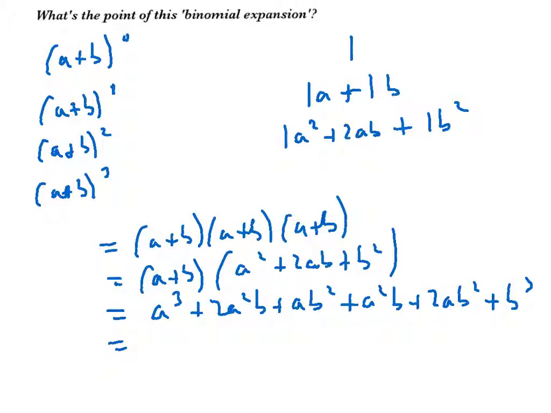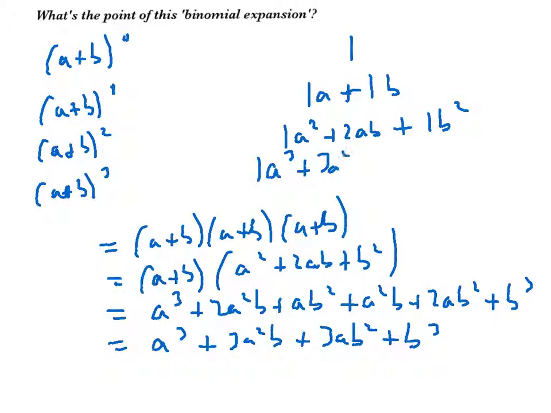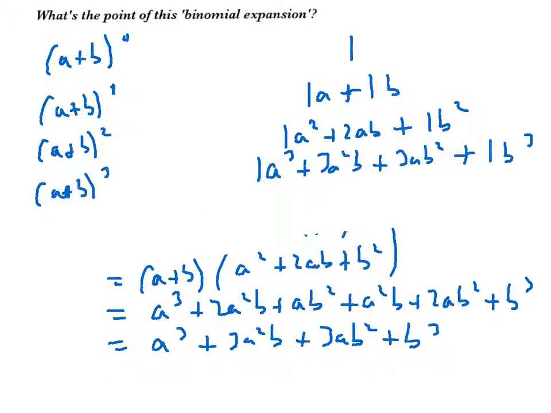Simplify that up and I get a cubed plus 3a squared b plus 3ab squared plus b cubed. So now I can whack that in here. So that's 1a cubed, isn't it? Plus 3a squared b plus 3ab squared plus 1b cubed.